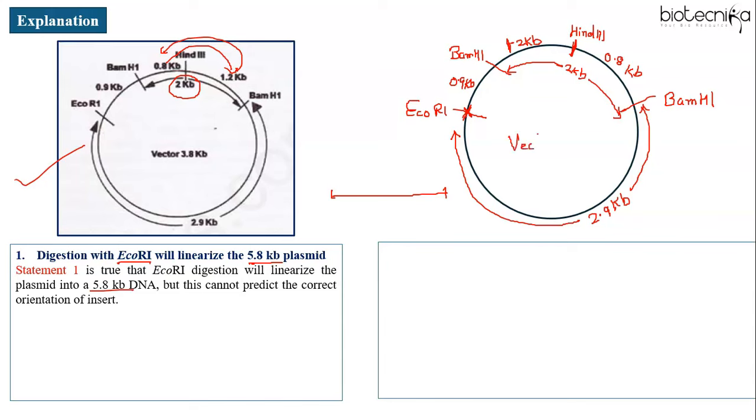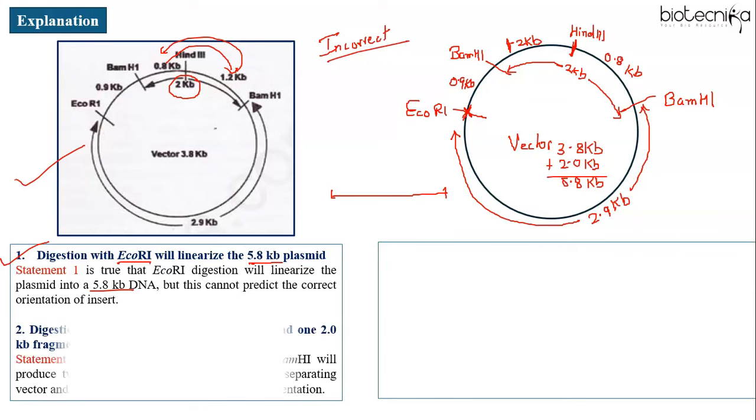So the vector is 3.8 kb, and when you introduce the insert of 2 kb, the total size of the recombinant plasmid is 5.8 kb. So yes, this statement is correct. Now please note, this is not the answer because we have to choose the incorrect statement. You have to keep this point in mind.